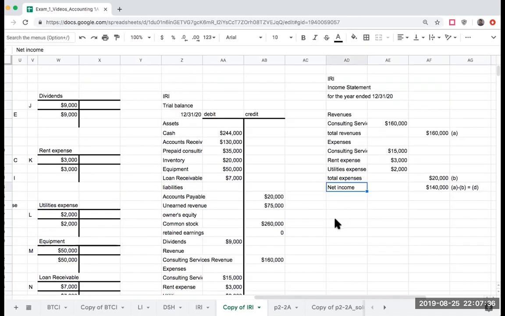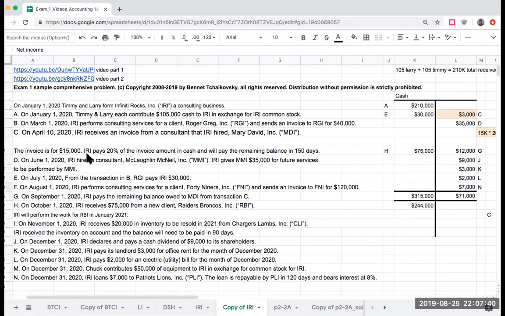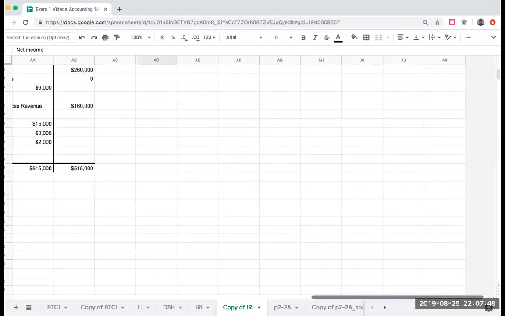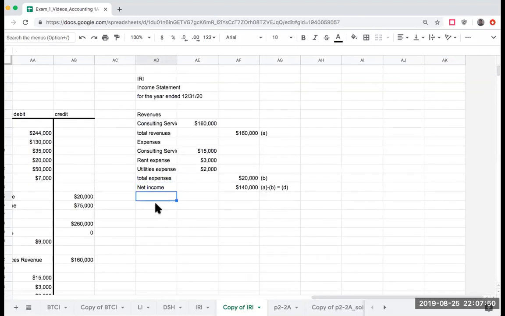Okay, what's the next thing I'm going to prepare? I go down the list and I see I've got to do a statement of retained earnings for the year ended December 31st, 2020. So how do I want to start my statement of retained earnings?